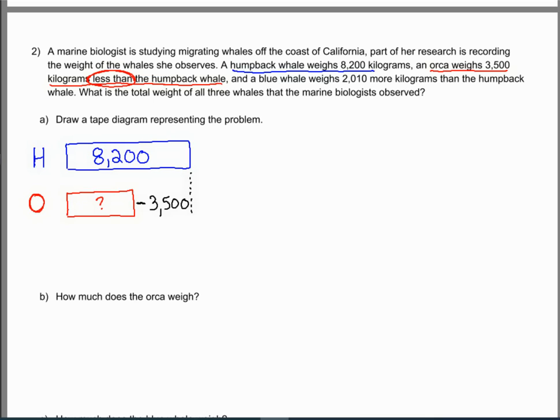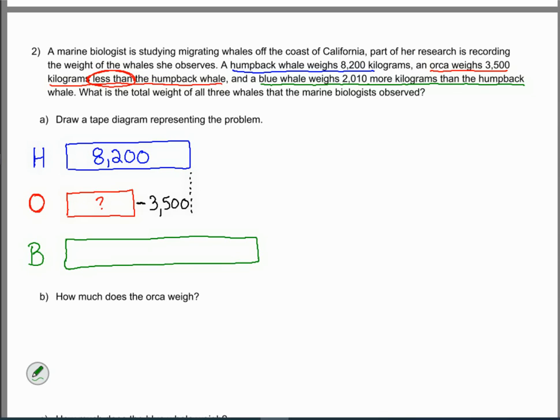The last one, there's a third whale. The blue whale weighs 2,010 more kilograms than the humpback whale does. So we have a blue whale. It weighs more than the humpback, so its tape diagram piece is longer. And I'm just going to bring down the length of that humpback whale. And I know that the blue whale weighs 2,010 more than what the humpback whale weighs.